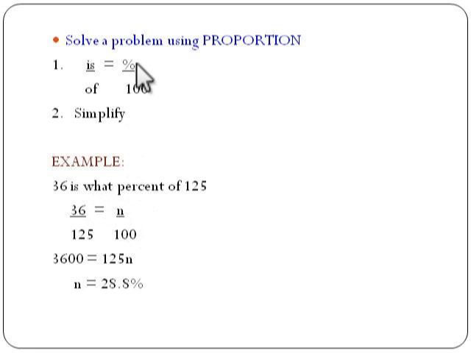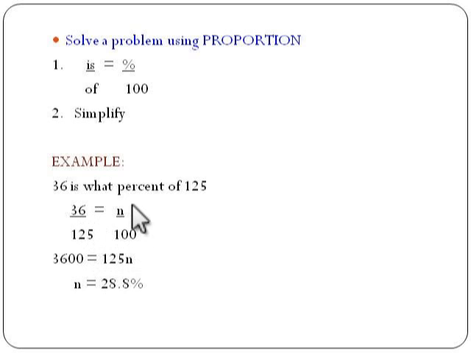So since percent goes right here, we're going to put our variable there. Of 125. That's our of word, so it goes down here. Now, as you can see, the 100 is always there. So we have 36 is, 125 of, and 100, and we don't know the percent.